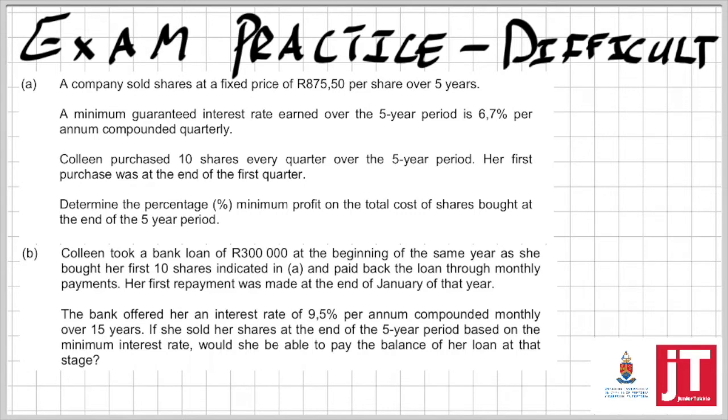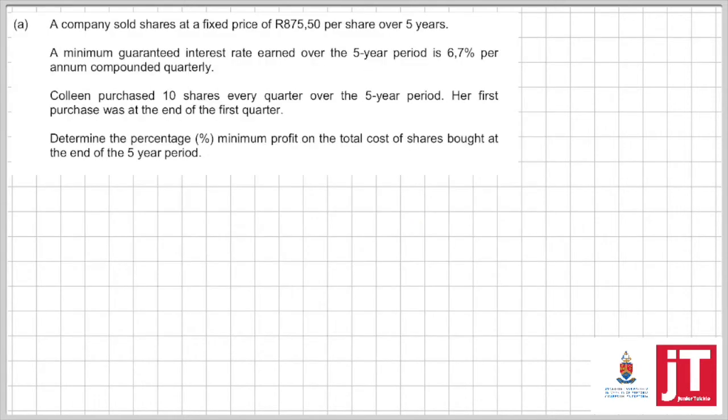So if I look at question A, it says a company sold shares at a fixed price of R875.50 per share over 5 years. A minimum guaranteed interest rate earned over the 5-year period is 6.7% per annum compounded quarterly.